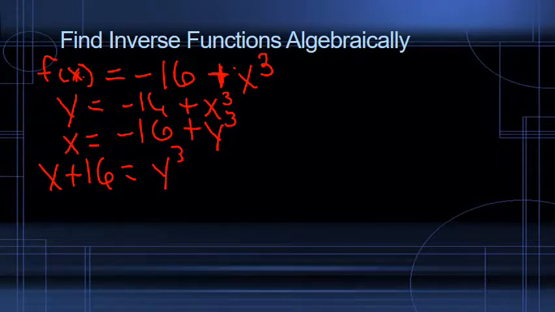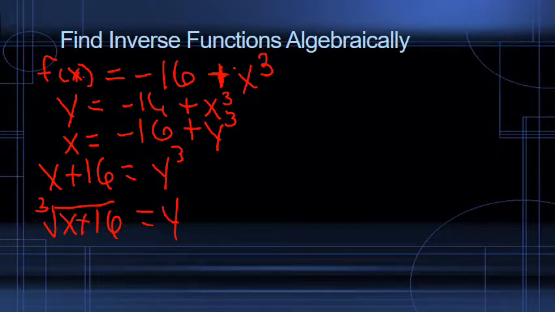And of course, now I'm going to get rid of this exponent cubed on y, so I can just isolate the y by itself. I'm going to solve this by taking the cube root of x plus 16 equals y. And then my last step, I'm going to rewrite this whole thing to note that this is an inverse.